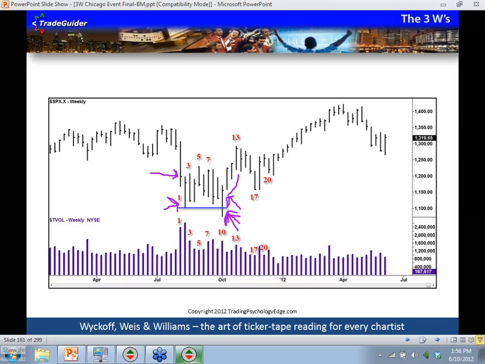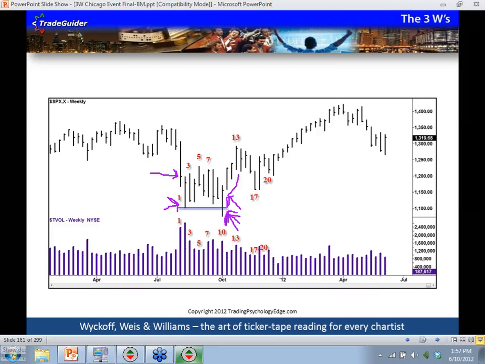And let's just take a look at these three bars here after the spring and the volume. What do we notice? We're seeing higher lows on each of these price bars. We're seeing higher highs on each of these price bars. We're seeing firm closes on all of them.